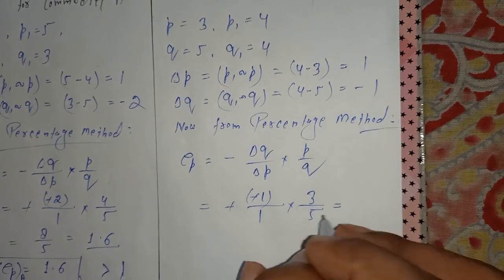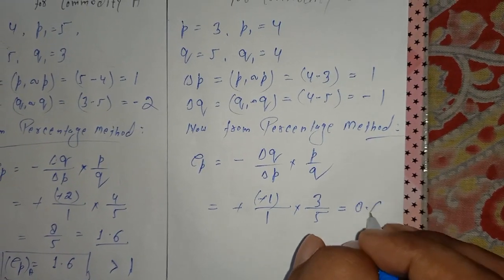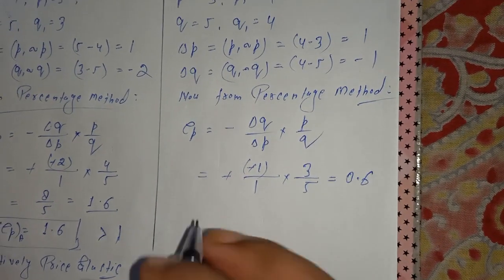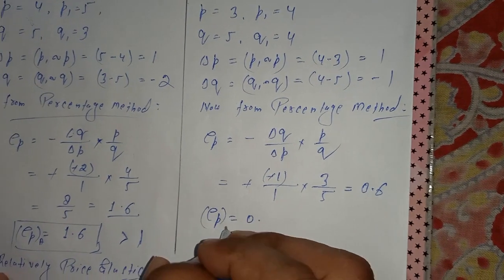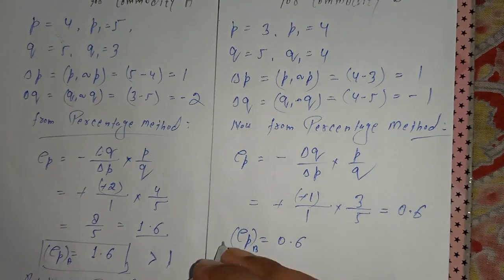Minus cancels. 3 upon 5, that is 0.6. So EP for commodity B is equal to 0.6.